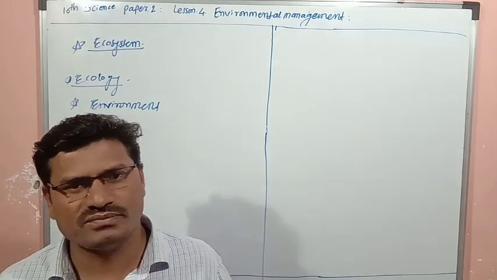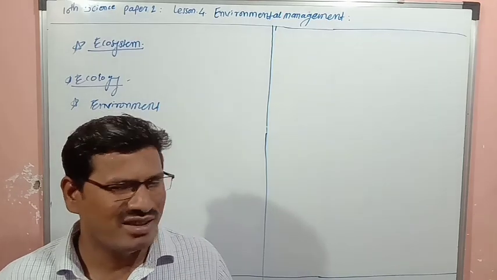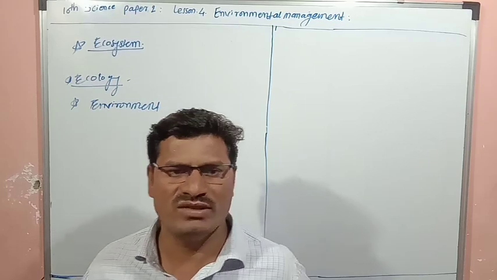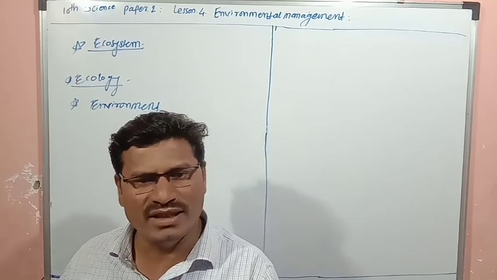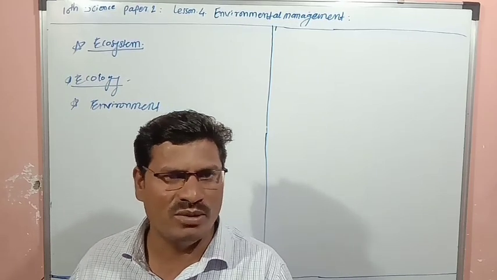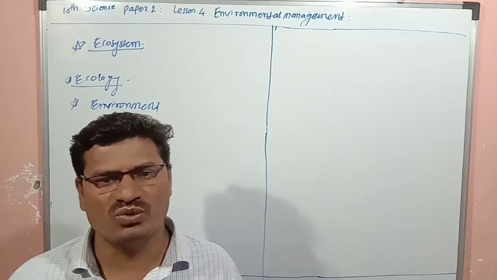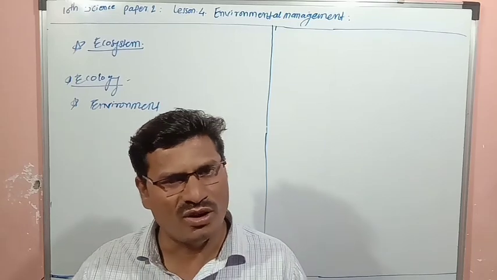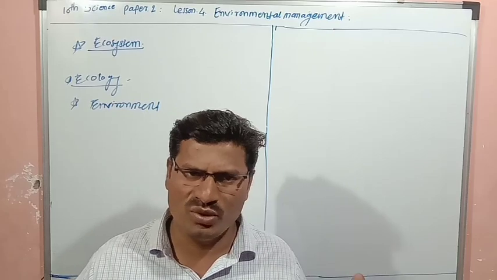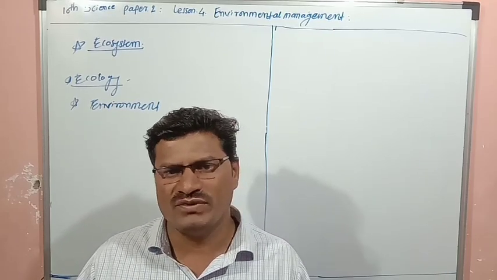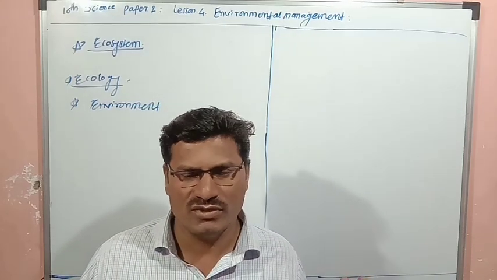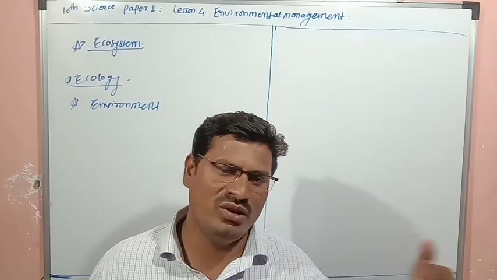Another thing, as a final statement: our total existence is due to these different components and factors which are present around us. Our life depends upon our surroundings, and living things depend on non-living things.